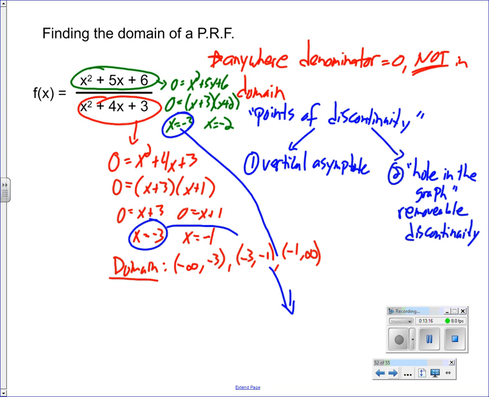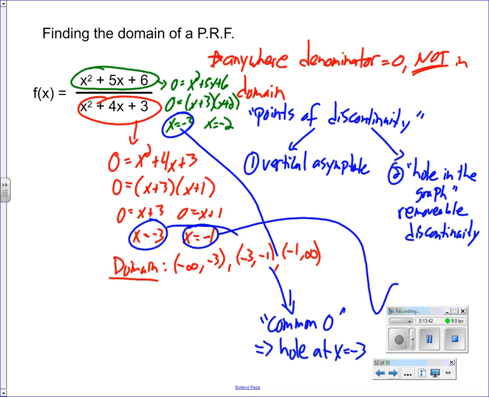So this is called a common zero. It's a zero they both have in common, and that means there's a hole in the graph at -3. Instead of an asymptote, there's a hole at -3, which means that at -1, since it's not a common zero, that's going to be a vertical asymptote.